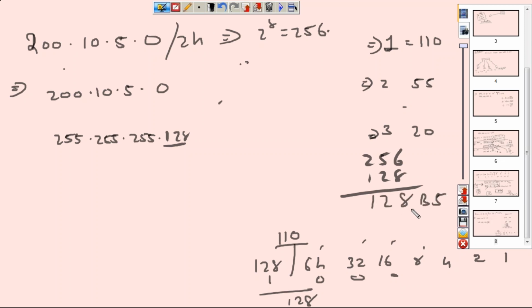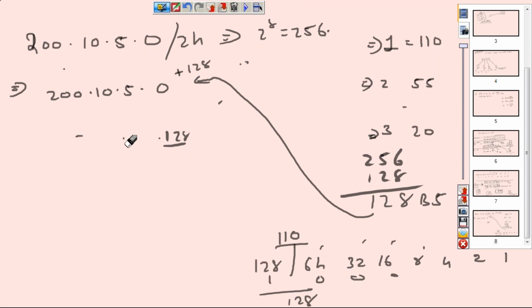We take that block size and add it to the top. What is 0 plus 128? 127, exactly: 0 plus 128 in the normal world, minus 1. So that would be 200.10.5.127.